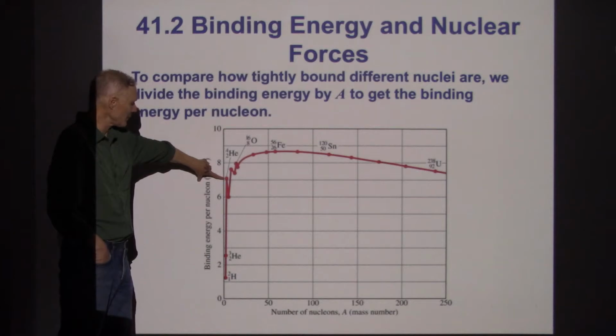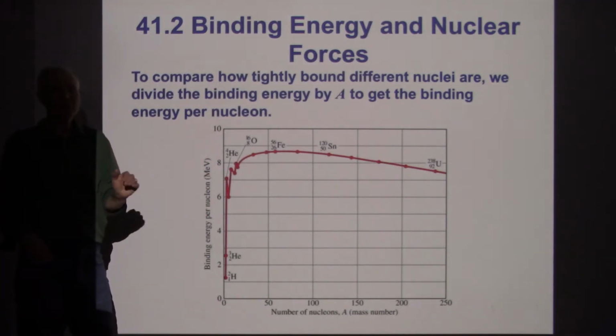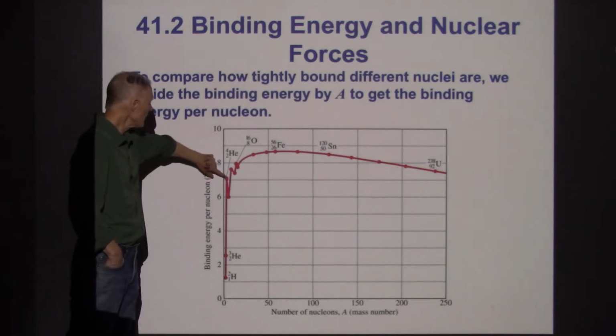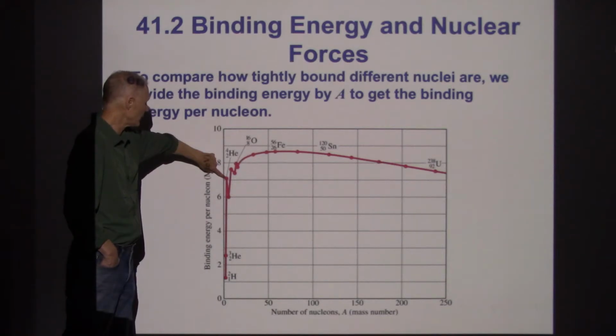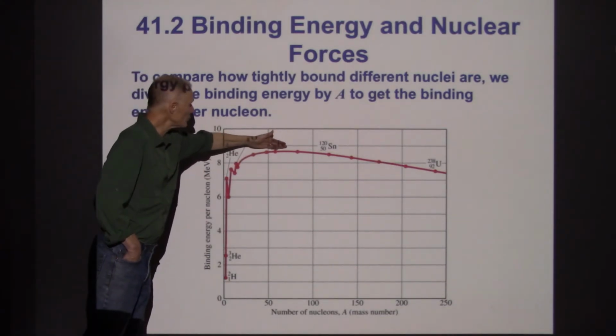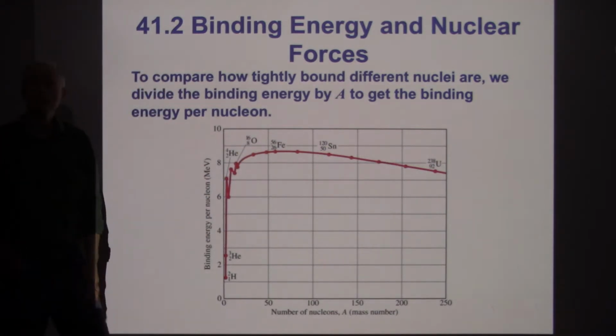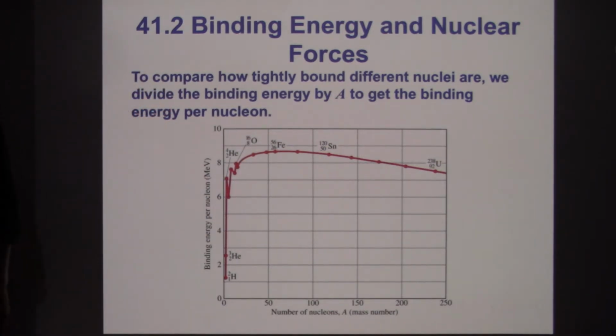Helium-4, by the time we get to helium-4, not very far through the periodic table at all, we're already up to 7 MeV per nucleon. And look, the very most stable isotopes of all the elements, and there are thousands of isotopes, with 118 elements currently on the periodic table.